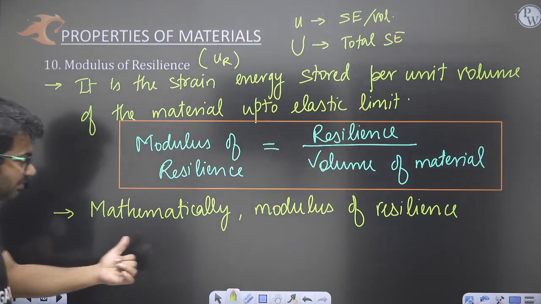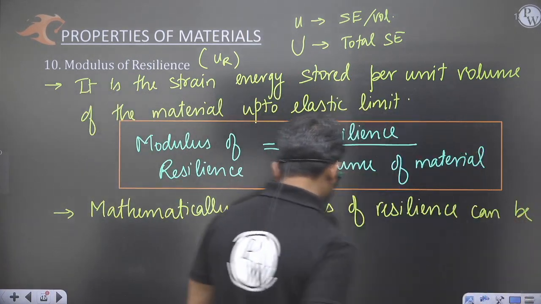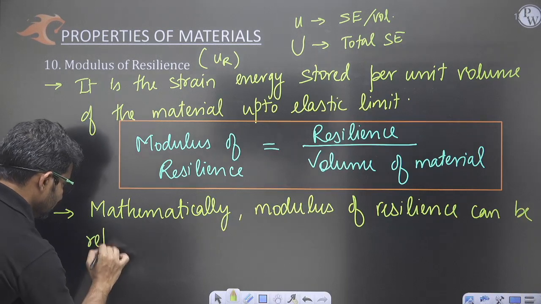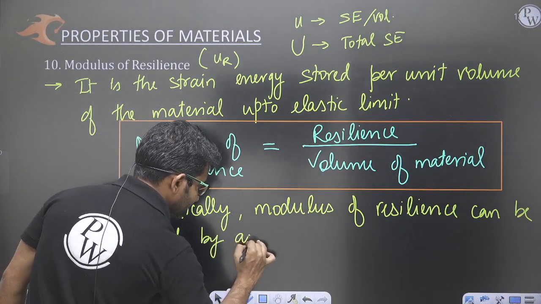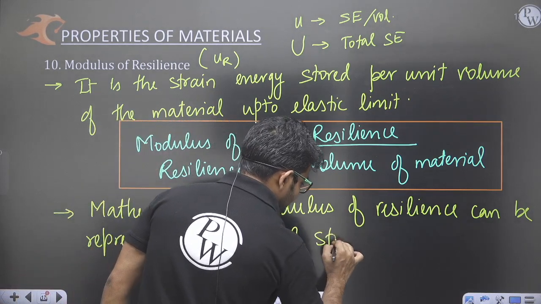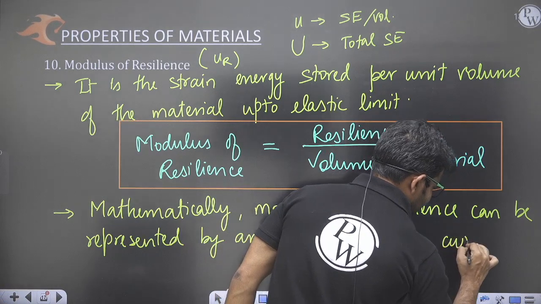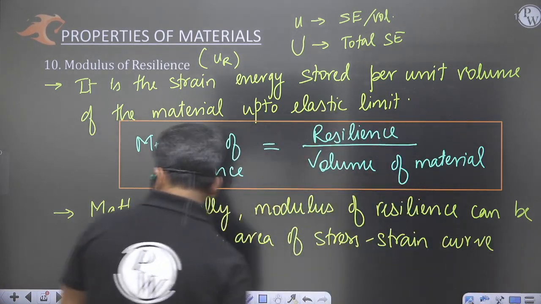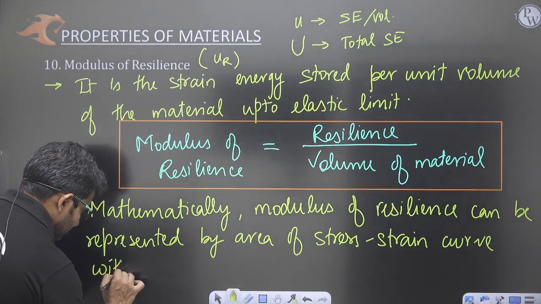Okay, so mathematically modulus of resilience can be represented by the area of the stress strain curve within or up to the elastic limit.